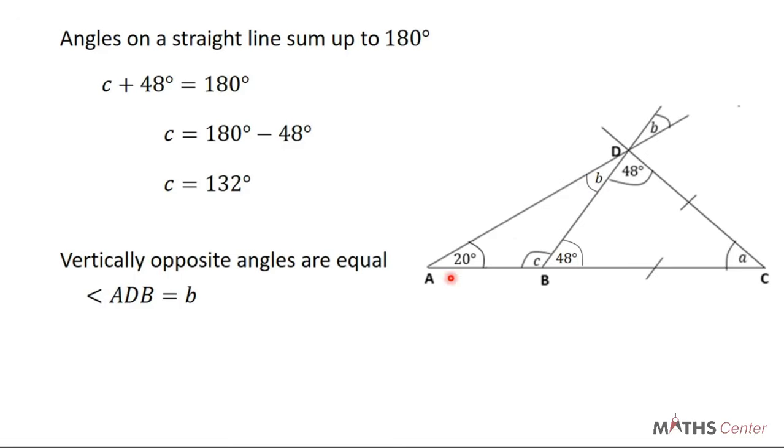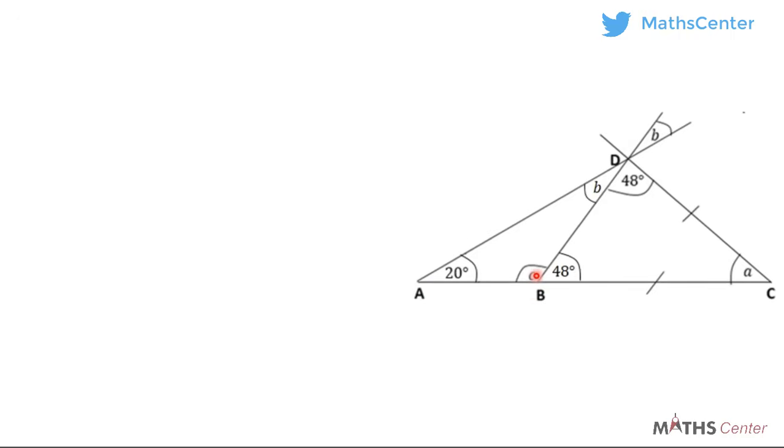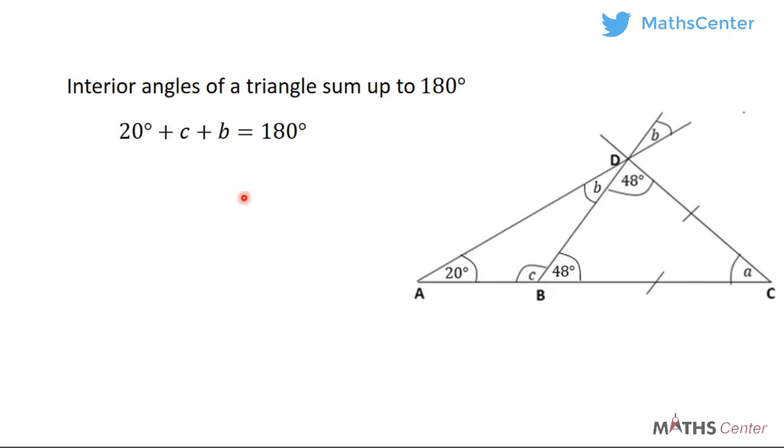Now look at this. We know here to be 20 degrees. We have found C to be 132 degrees. We know that the interior angles of a triangle sum up to 180 degrees. So 20 degrees plus C plus B, which are the interior angles of the triangle ADB, must give us 180 degrees. So we can say that 20 plus C plus B will give us 180 degrees.